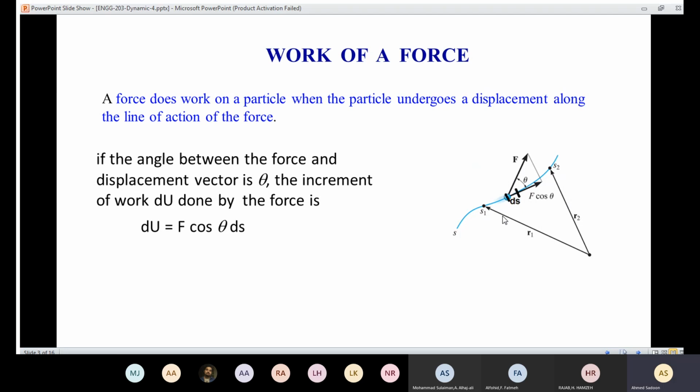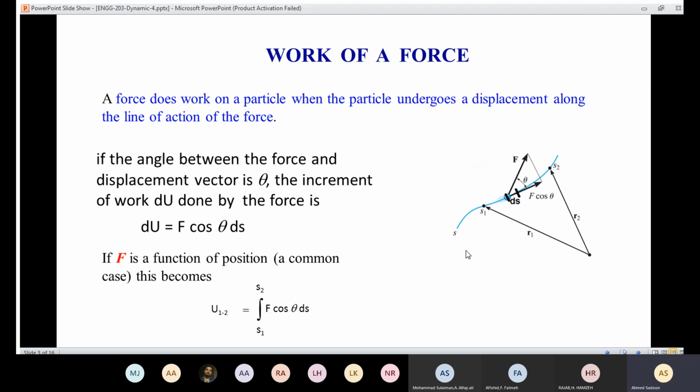If I want to know the work done from S1 to S2, then I need to integrate for that path from S1 to S2. So the work done between position 1 and position 2 is going to be the integration from S1 to S2 of F cosine theta times ds. And this is the definition of the work.